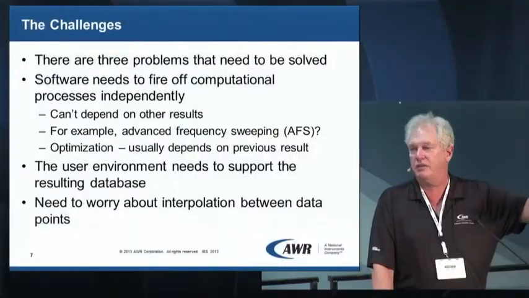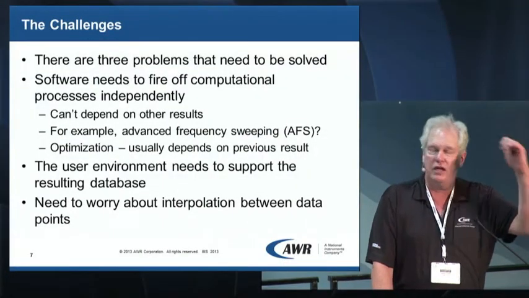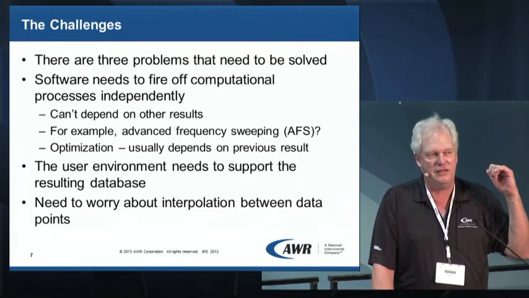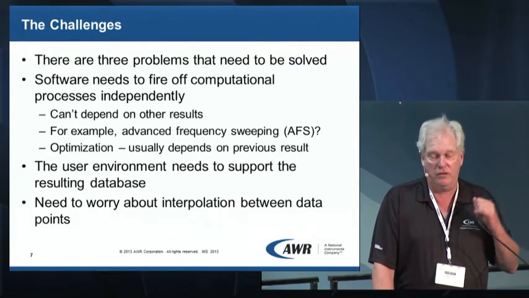Well, what happens when you run into things like optimization? Okay, so the next step in the optimizer depends on the previous solve. So how do you do several solves at the same time if they depend on the previous result? That's a problem. So there's one to deal with.